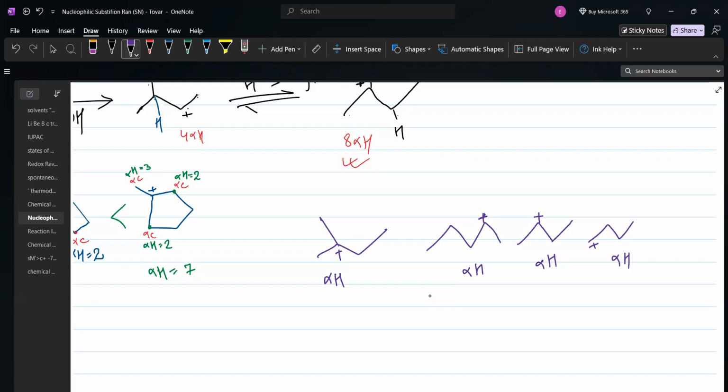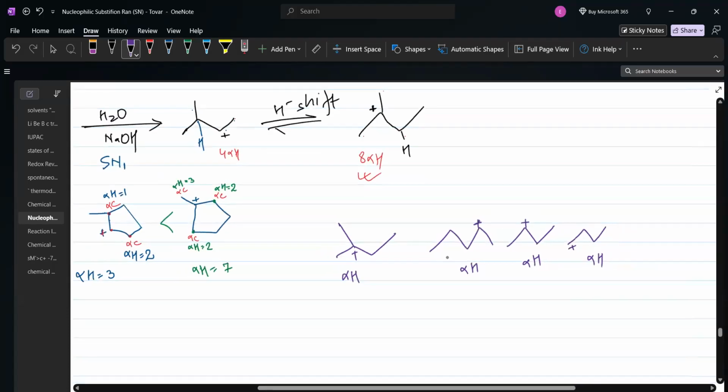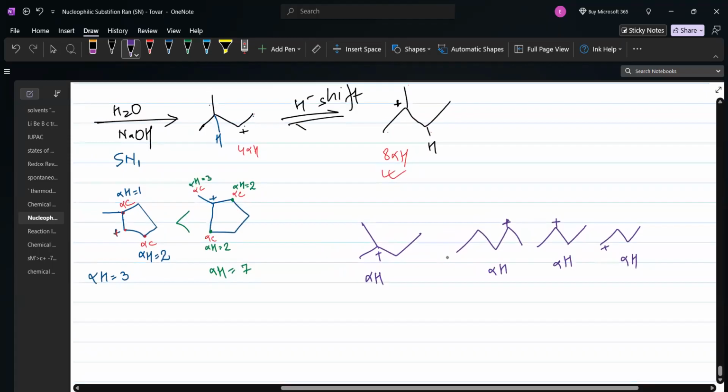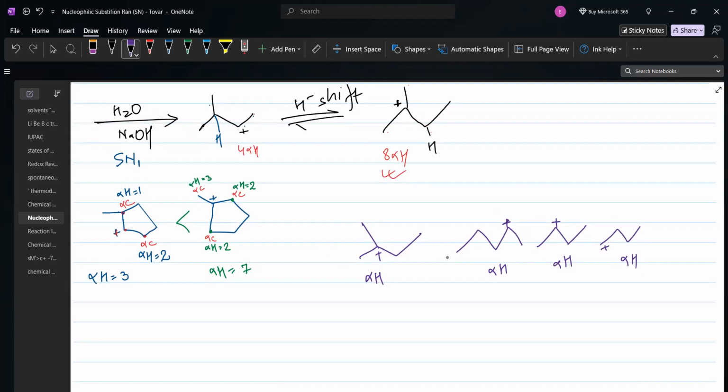Just message me in the chat box. No problem if you are getting the wrong answer. The problem lies when you don't try, when you don't want to try. That is the main problem. So please try, give me the answer. Put stress on your brain and try to calculate alpha hydrogen in all these 4 scenarios. You have 1 minute.